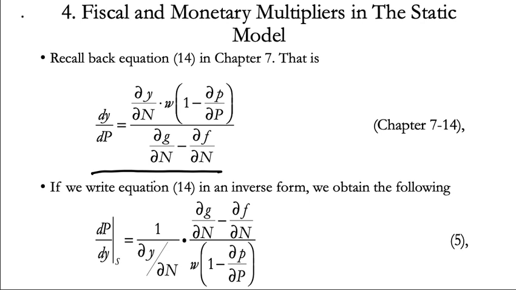This is actually the slope of the aggregate supply curve, dY over dP. It consists of the slope of the production function, the relationship between price and also expected price, the slope of the supply of labor, and the slope of labor demand.